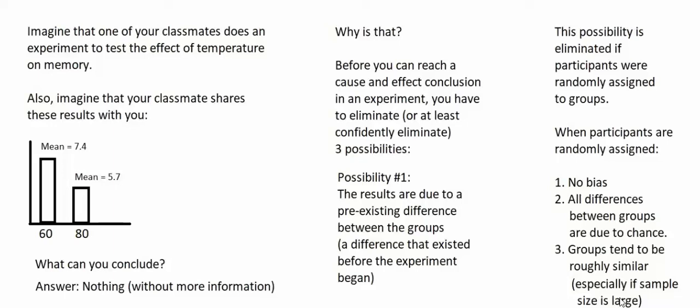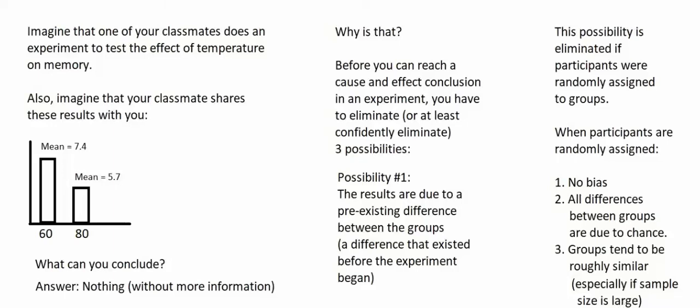And I want to explain why random assignment is important and why it's important for these groups to be roughly similar to each other. As a researcher, you want the groups to be roughly similar to each other so that the groups can be fairly compared.